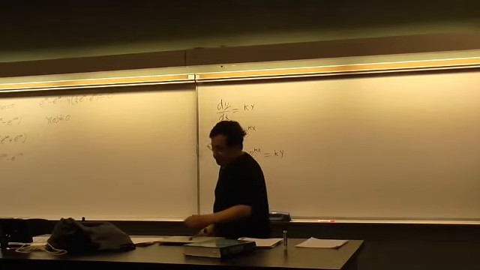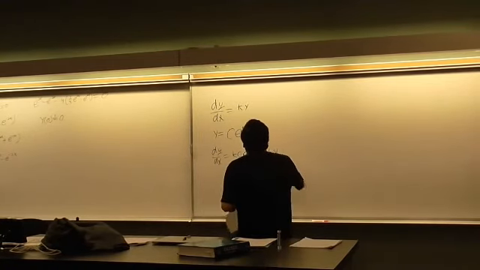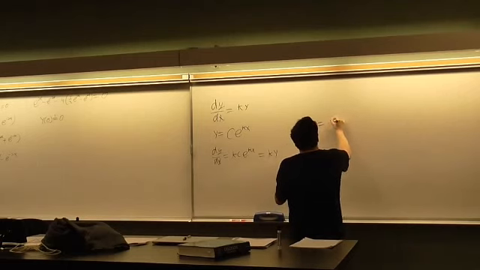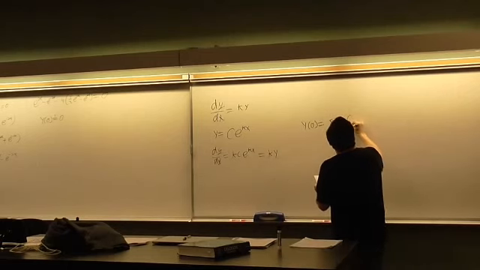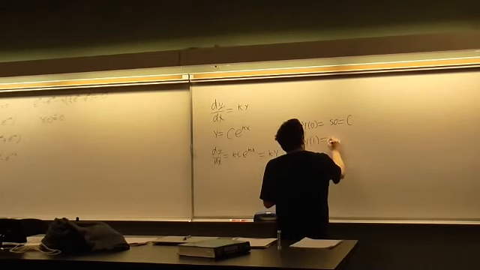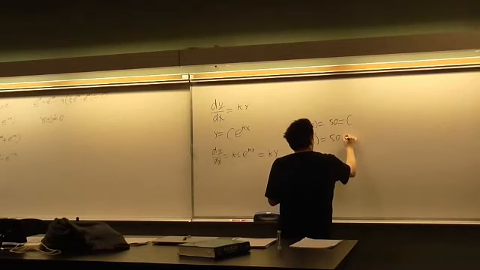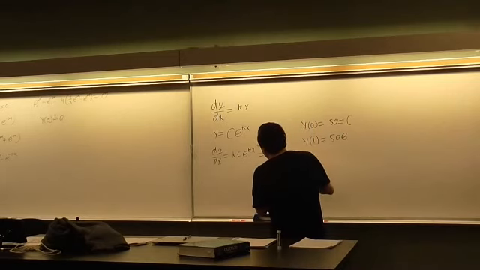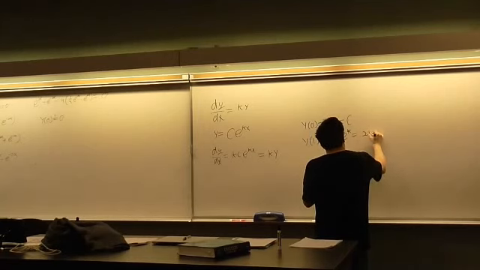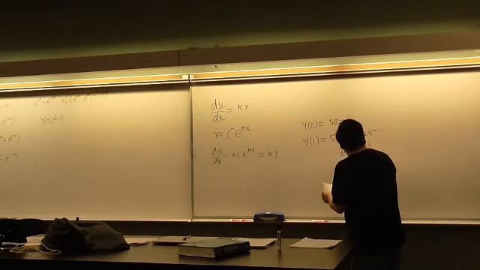And then the rest falls into place pretty easily, because if y of 0 equals 50, that's equal to C e to the 0, so C is 50. And if y of 1 equals 50 e to the k, that's equal to 25, then e to the k equals 1/2, or k equals the log of 1/2.